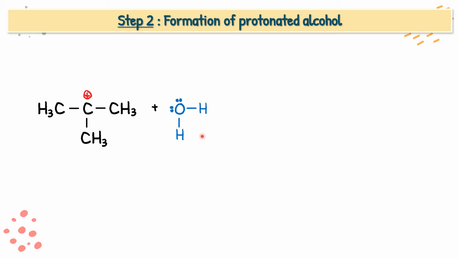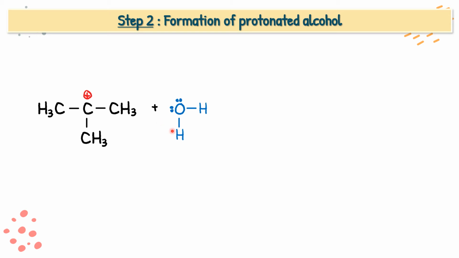Step 2 is the formation of the protonated alcohol, where we take our carbocation and, at this step, we react it with a water H2O molecule. Please remember, you need to show all the bonds in water here and also the lone pairs.